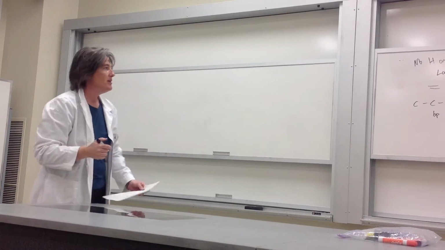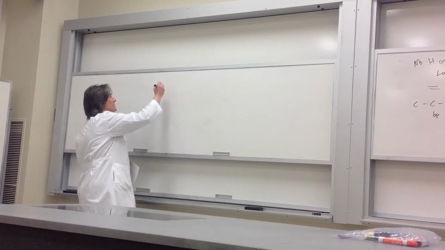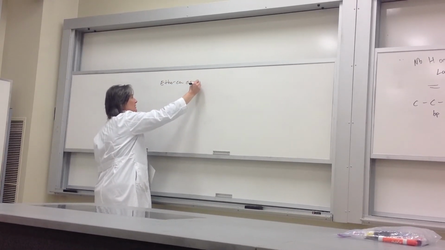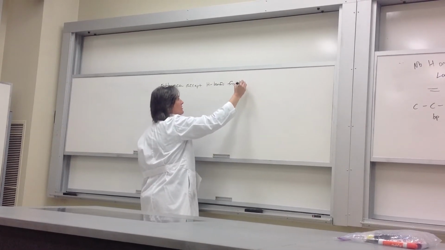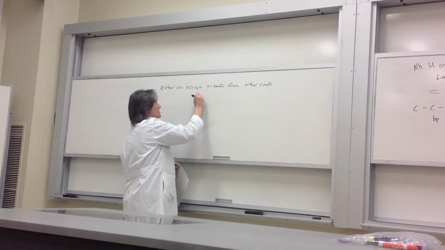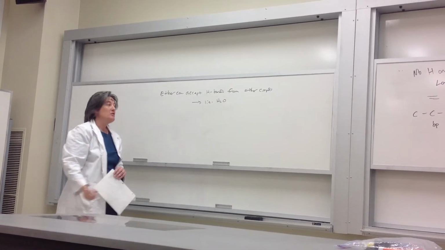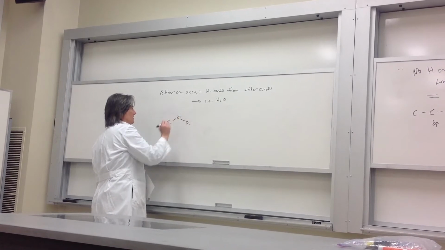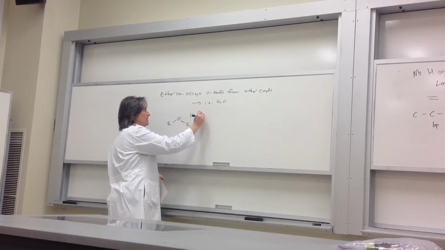And what's going on there is ether cannot hydrogen bond to itself, but ether can accept hydrogen bonds from other things. Or let's just put, from other compounds. And the biggest example of that is water. So, if you have ether, I have O, I have R, let's just do that. And I have water I'm mixing with it.